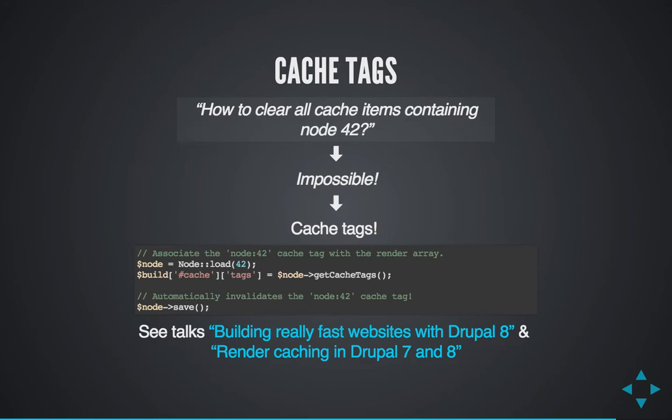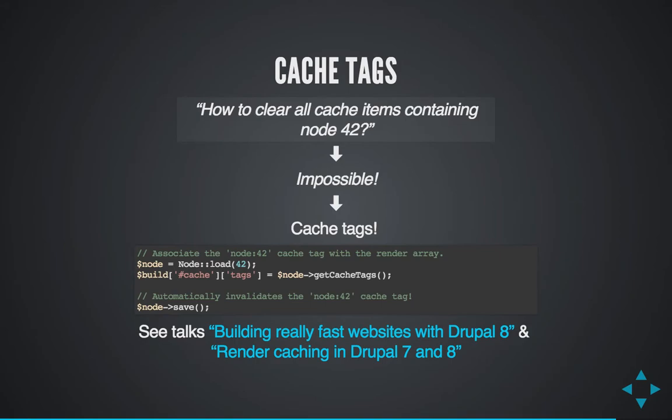So in Drupal 8, loading a node looks something like this. So node::load, node ID, and you get a node entity back. But in Drupal 8, everything is an entity now, so users, nodes, taxonomy terms, files, everything is an entity.